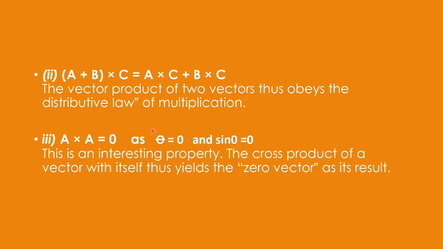Again, this is very important. If you are taking the cross product of a vector with itself, A cross A, then of course theta is 0. It means sin theta will be 0. So sin 0 is 0. So this A cross A, the cross product of a vector with itself, is giving me the 0 vector.